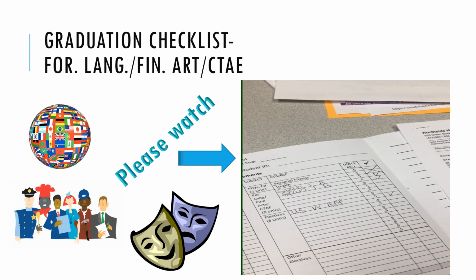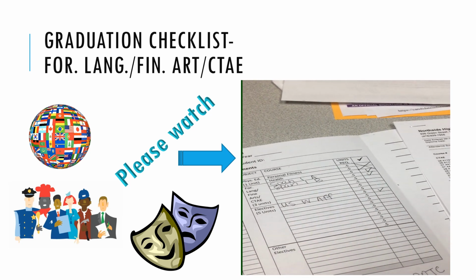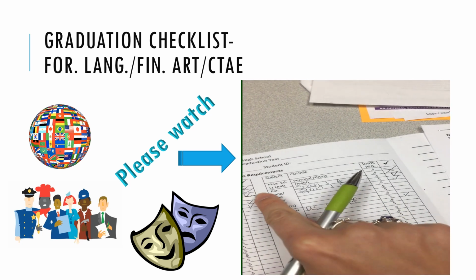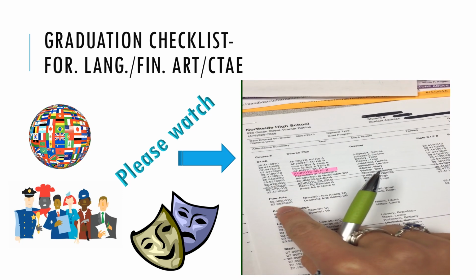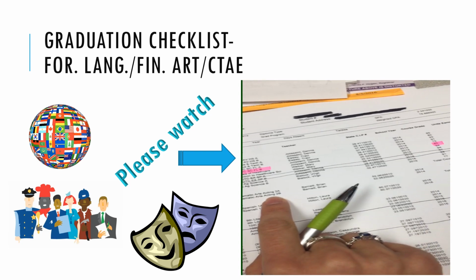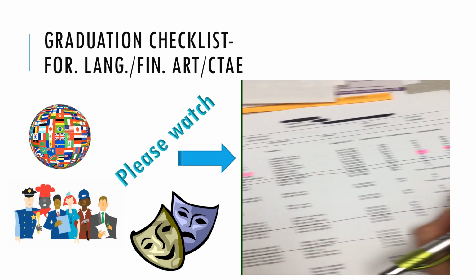If you have additional foreign language credits, you can record them in this section. If you have fine arts credit, they also go in this section. So on the transcript, fine arts is listed in its own category. This student has taken 2 semesters of fine arts and received credit for them.